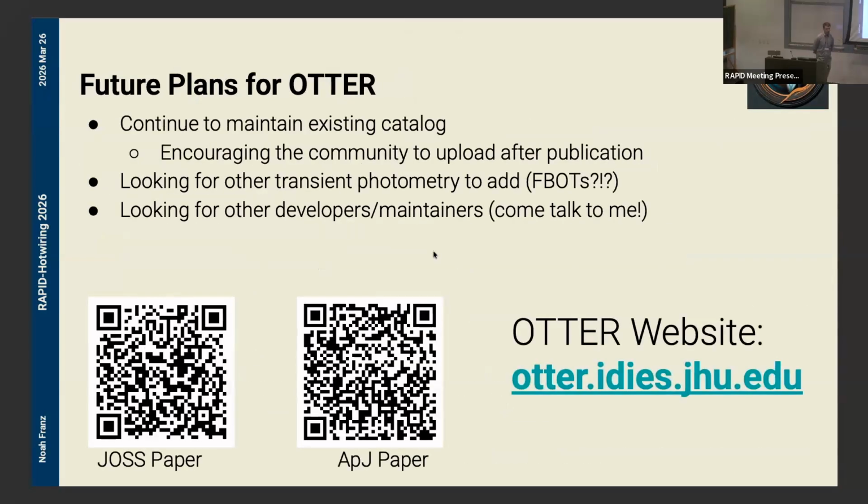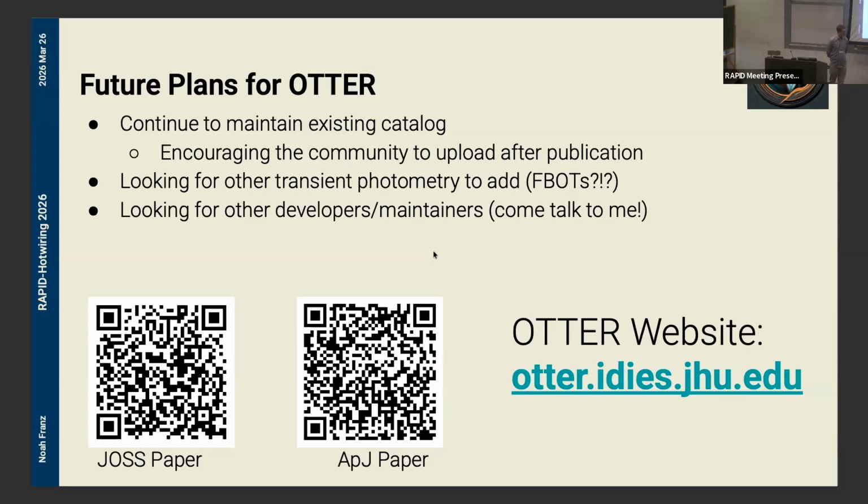And so in the future, we hope to, as I said, continue maintaining this catalog as new transients are discovered. And we really encourage everyone to upload their data after publication to make it easily accessible for others. And we hope to make this as painless a process as possible. We really want to add additional transients.